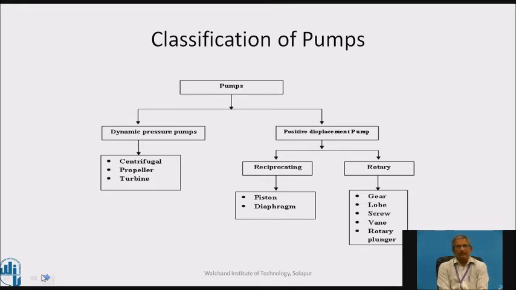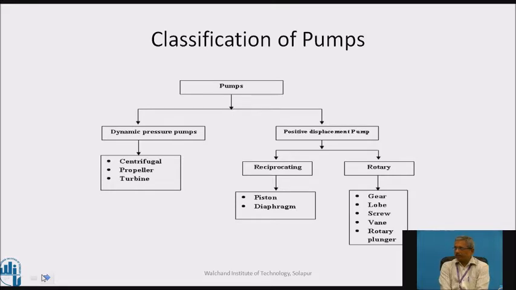Due to that low pressure, the water at atmospheric pressure will be taken in by opening the inlet valve. Again during compression, when the piston travels from ODC to IDC, the pressure will be high and the water will be discharged to the overhead tank. The same mechanism applies in a diaphragm pump also.